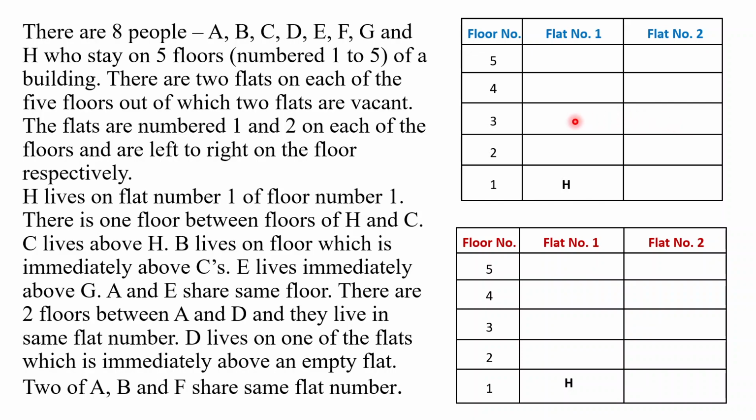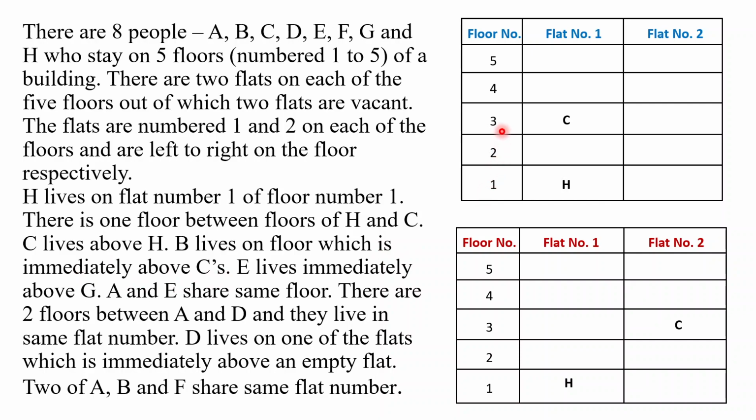Okay, so in case number 1, let's suppose C is placed in flat number 1 of floor number 3, and in case number 2, let's suppose C is placed in flat number 2 of floor number 3. Let's see what is given next. C lives above H. In both the cases, C is living above H. B lives on floor which is immediately above C's.